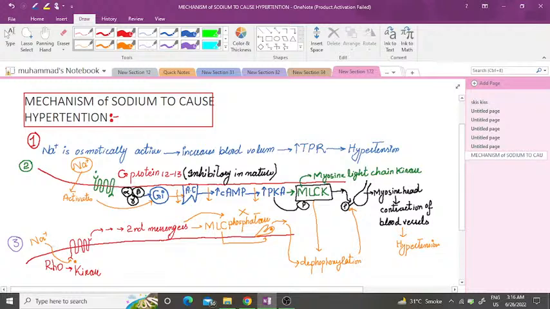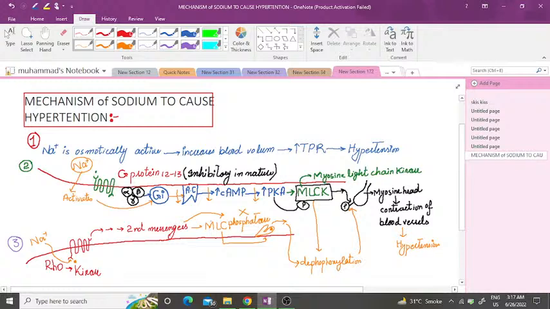Rho receptors, when activated, activate their second messengers, just like this G protein, Gi, adenylyl cyclase, cyclic AMP. When those second messengers get activated, myosin light chain phosphatase becomes inhibited.